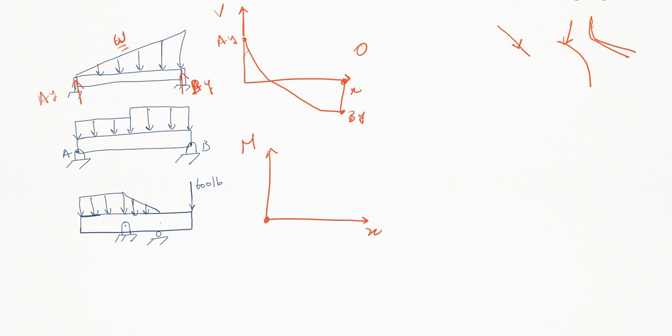And notice first it's gonna be positive, and the value is decreasing. So it's gonna be something like this. And then it's negative, and the value is increasing, so it's gonna be this shape over here. And notice it always ends at 0.